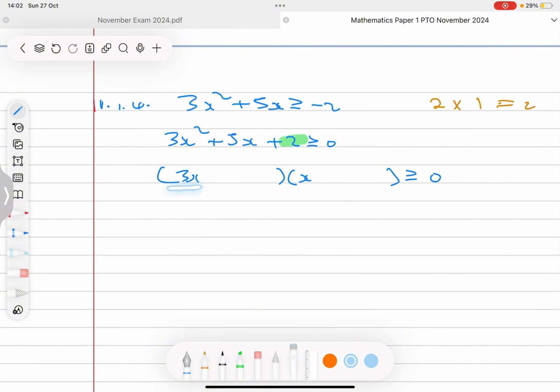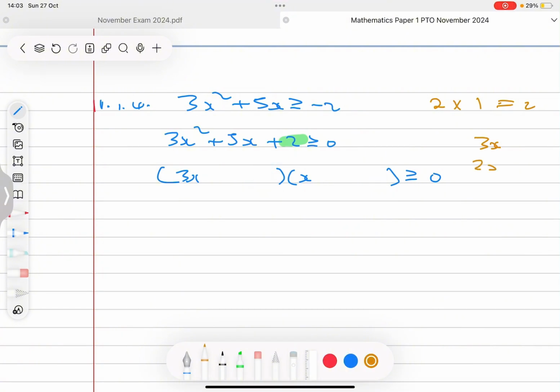So you can see that if I put a 1 here, I'll have this 3 times 1, and then it will give me a 3. So it's like a 3x. And if I've put 1 here, it means the 2 should sit here. Then if I multiply this 2, I'll get a 2x.